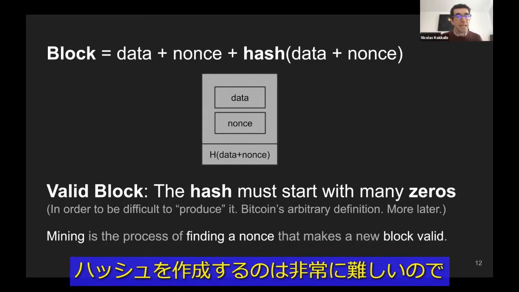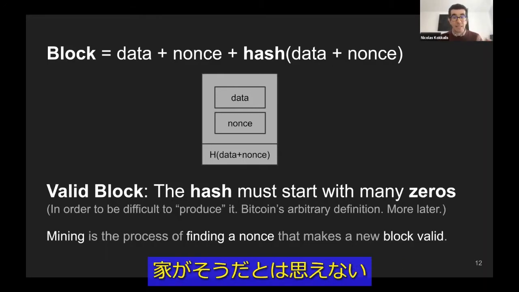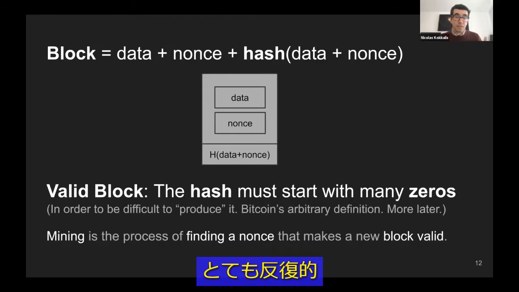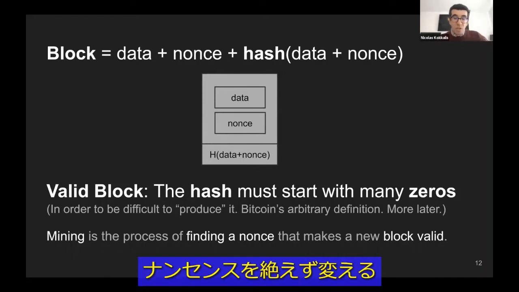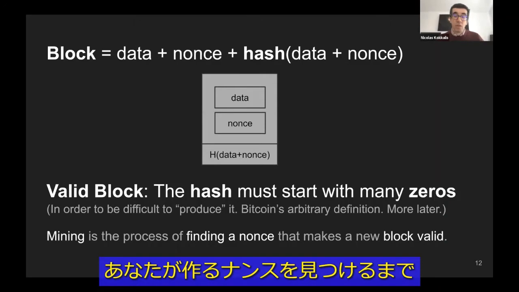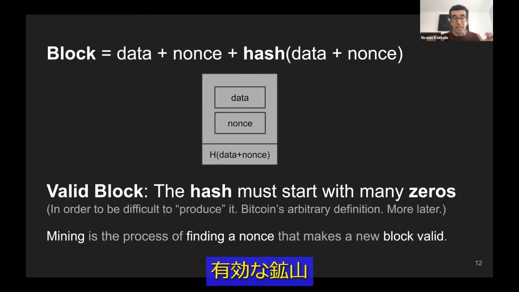So it's very hard to produce a hash that starts with many zeros, because it's unlikely that a hash is so repetitive. Then mining is the process of changing nonces constantly until you find a nonce that makes that new block that you're trying to mine valid.